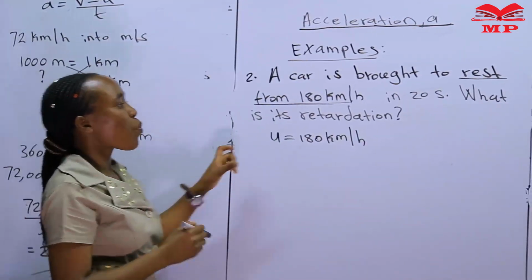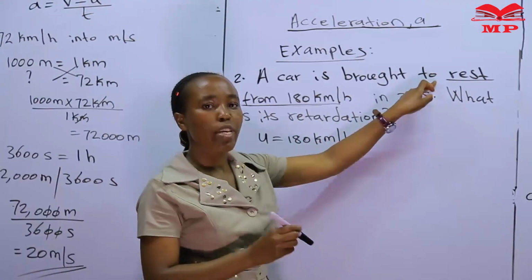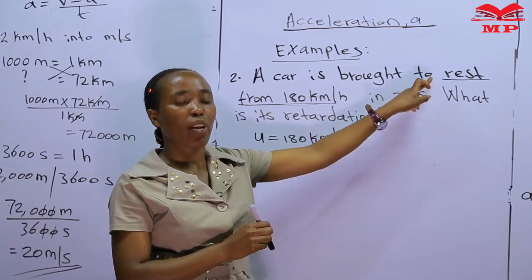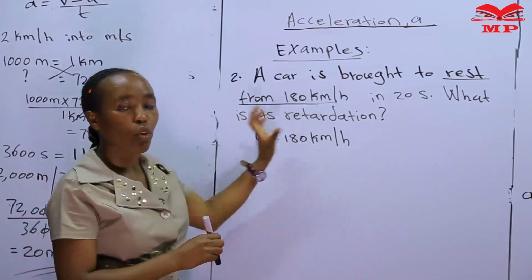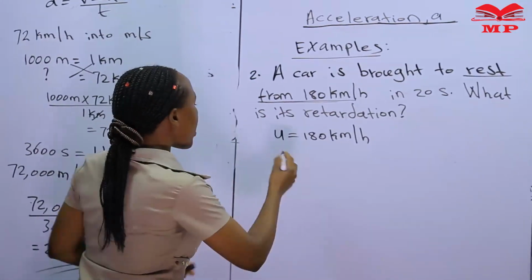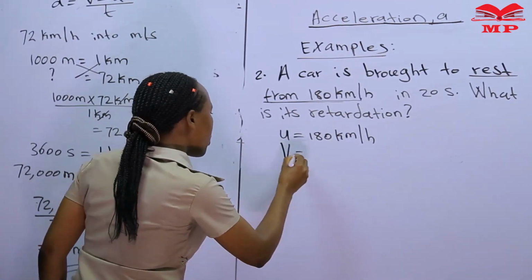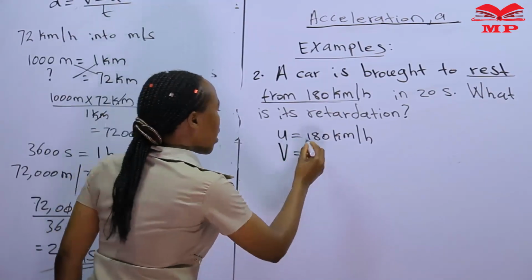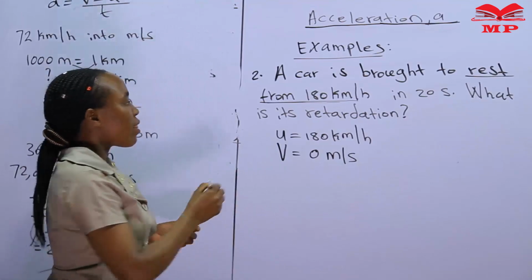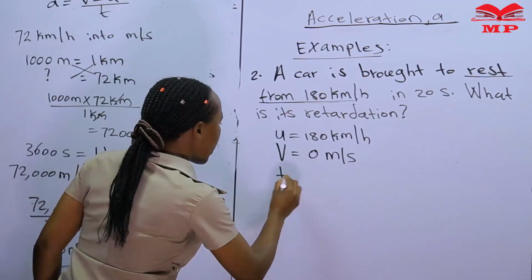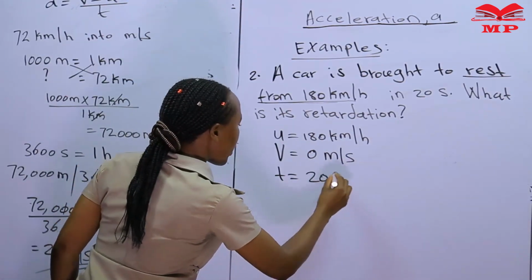Whenever you hear of rest, it means that the velocity is 0 meters per second, or 0 kilometers per hour. So the final velocity is 0 meters per second, and the time taken is 20 seconds.